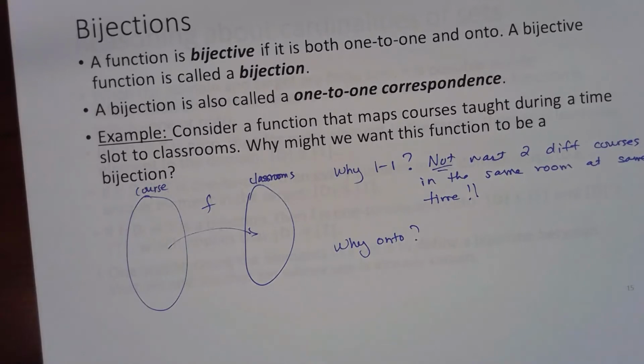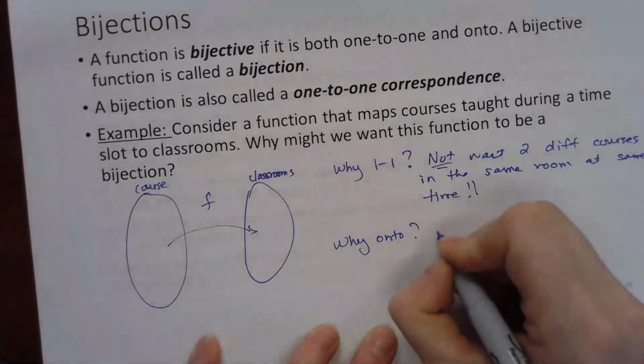That's not an efficient use of our resources. Our goal is to have just enough classrooms on campus so that we can keep them full. We don't want to build 100,000 buildings that cost a lot of money and then never use the rooms. But we also would like to have classrooms that accommodate all of our students as well. So there's a fine balance there.